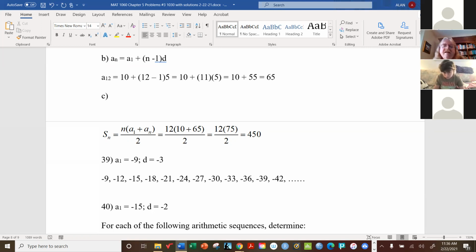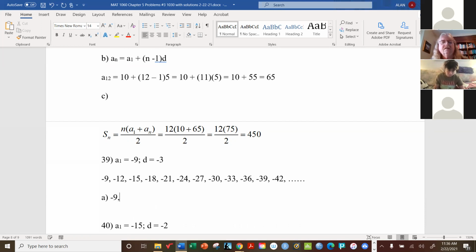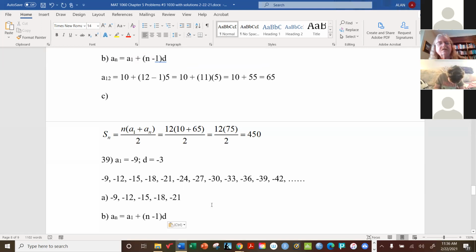All right, so again, I've kind of spoiled the surprise a little bit. You already know what the 12th term is, but that's okay. The first 5 terms are negative 9, negative 12, negative 15, negative 18, negative 21. Perfect. For part B, we'll use our formula to confirm that the 12th term is in fact negative 42.